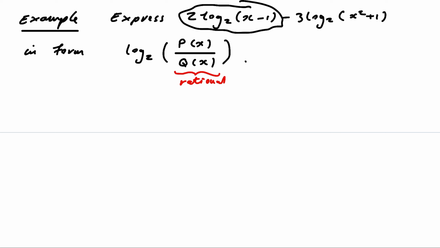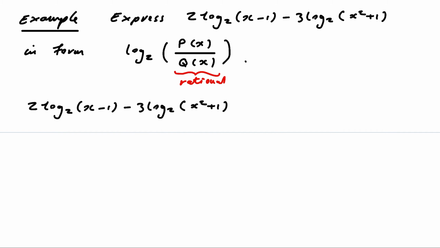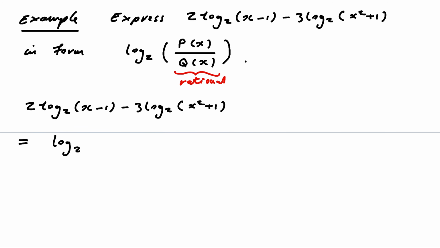It's one of my laws of logarithms, and I can do the same thing with the 3, but with a cube. So this expression is equal to log to the base 2 of (x minus 1) all squared minus log to the base 2 of (x squared plus 1) all cubed there.